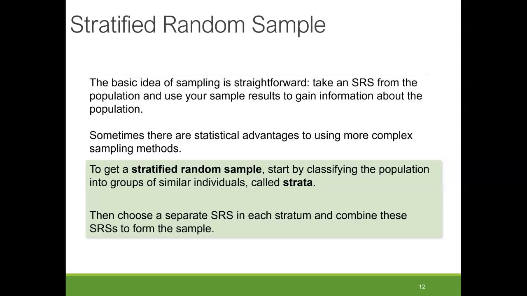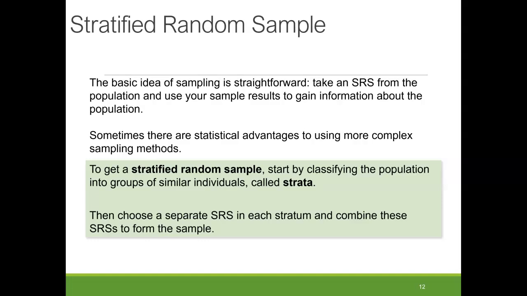Another type of random sampling is called a stratified random sample. What that means is you're going to classify your population into strata, so groups based on some demographic information. If you're doing political polling, maybe you want to create strata for Republican, Democrat, Independent, and make sure that the random samples I'm pulling from these match the ratio in the general population of Democrat, Republican, and independent.